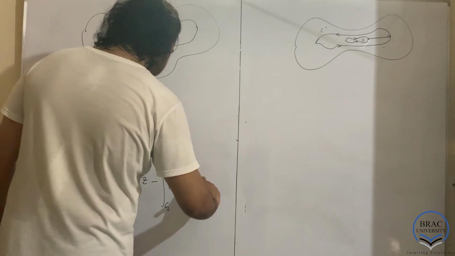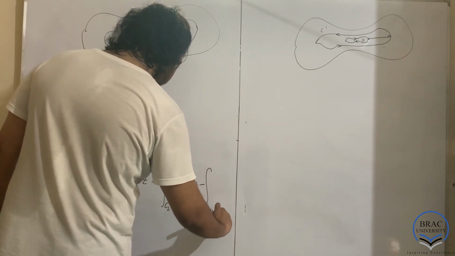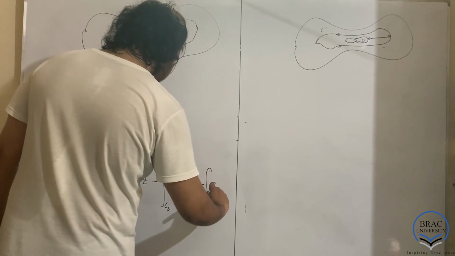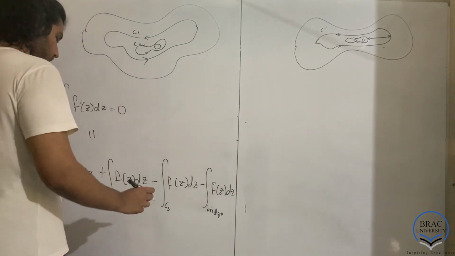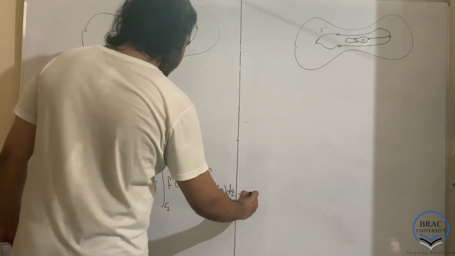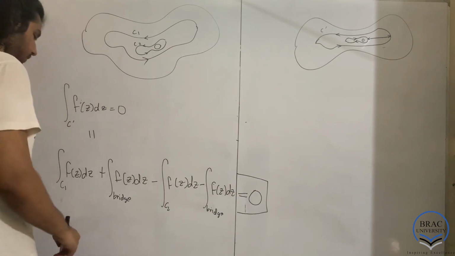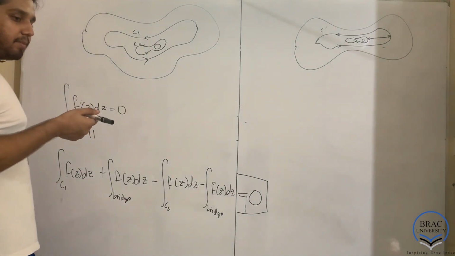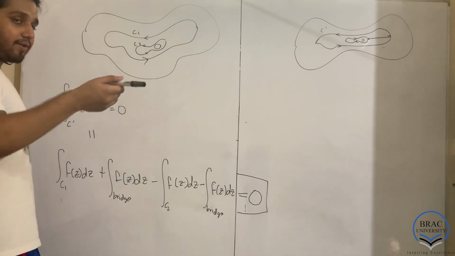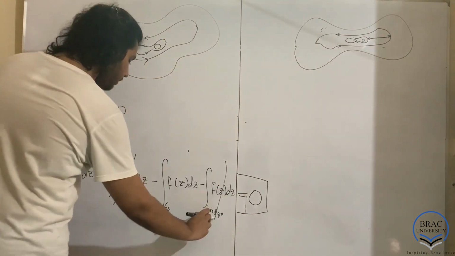So minus the bridge, f of z dz, and this whole thing is equal to 0. You can cancel out the bridges because they're basically the same line segment, just coming in and then going out, so they negate each other. You cancel out the bridges.